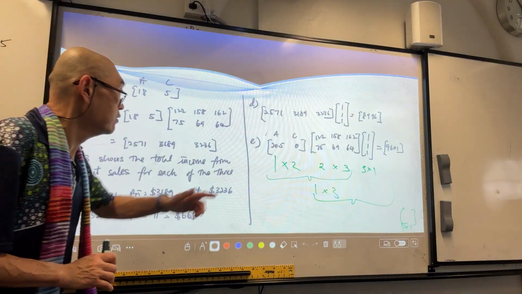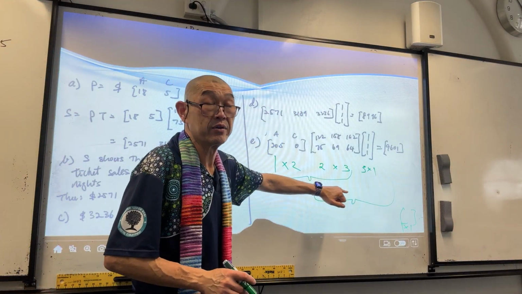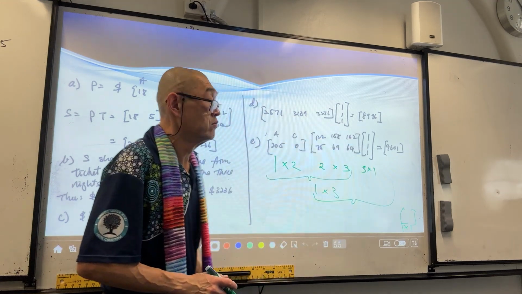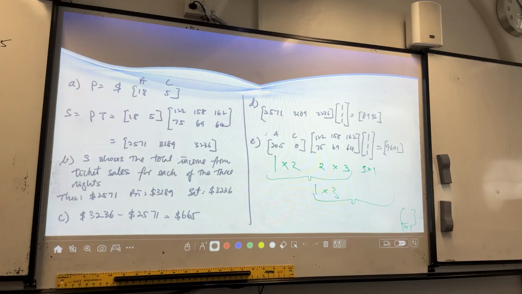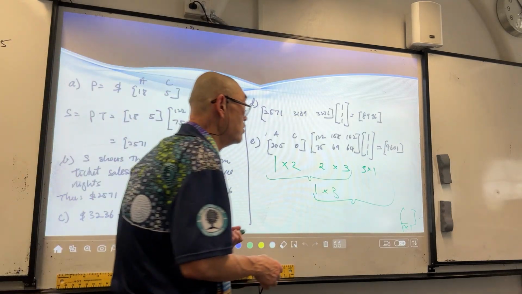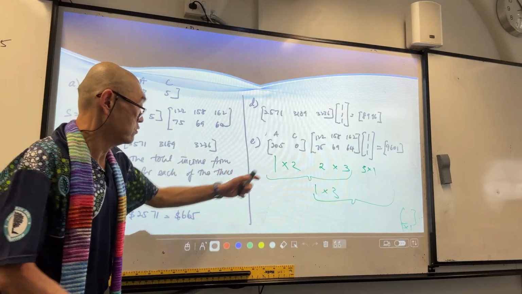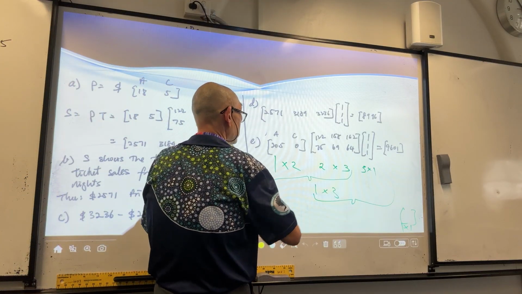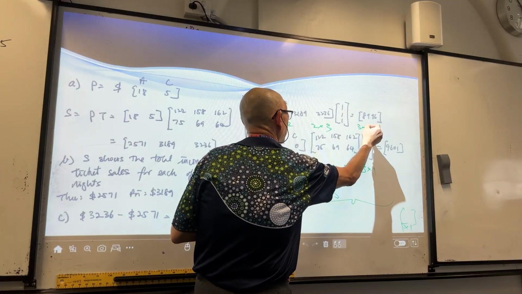Or you could just work on this first, get a 1 by 3, and then sum it together, or multiply by a column matrix. It is up to you. So there are many ways of doing it. I'm showing you the matrix form. So write this down. 1 by 2, 2 by 3, and 3 by 1.